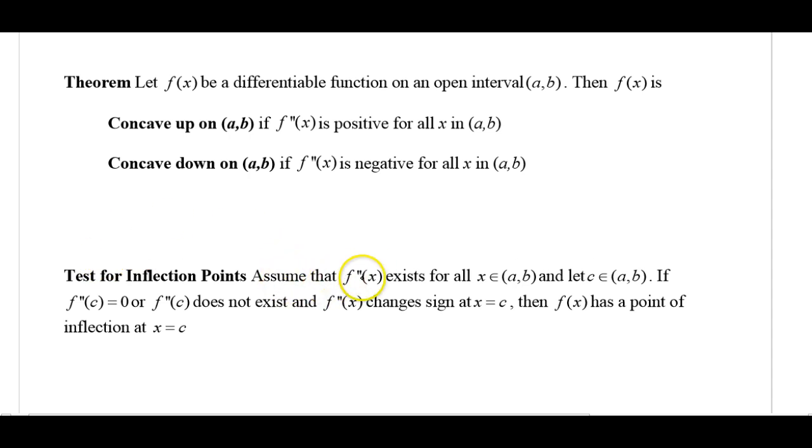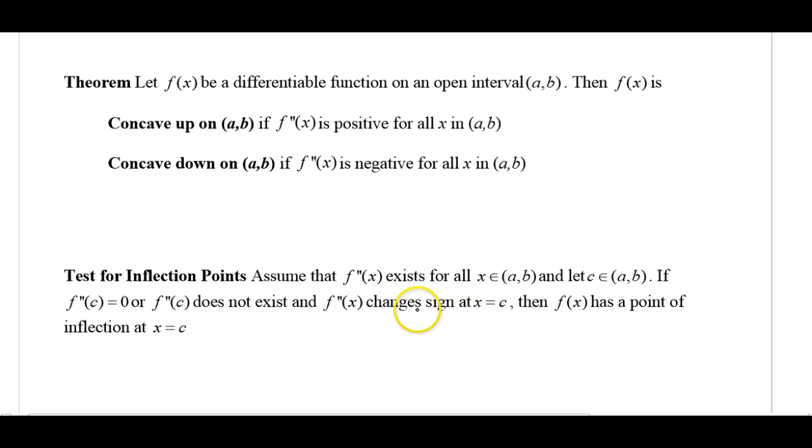We want to assume that the second derivative exists for all x in the interval from a to b, and we want c to be a point in (a, b). So if that number c is an inflection point, then either the second derivative at c is 0, or the second derivative at c does not exist. So we need the second derivative to be 0 or not exist to be an inflection point, but more than that, we also need the second derivative to change signs at x equals c.